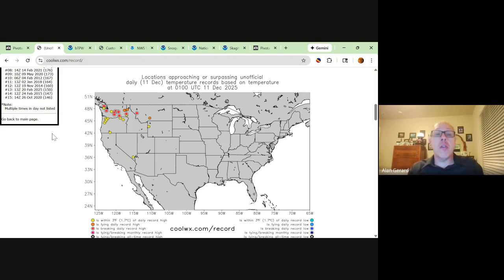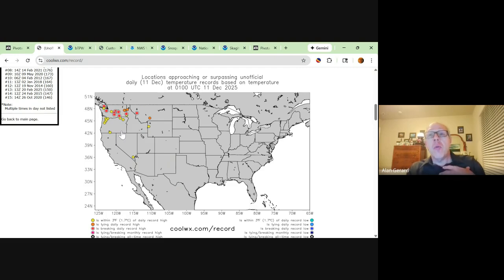And you can see on this map from the cool weather site that right now, there are a number of locations in the Pacific Northwest exceeding their record high temperature for the day. There were also a number of locations down here in California and Nevada that broke record highs today.